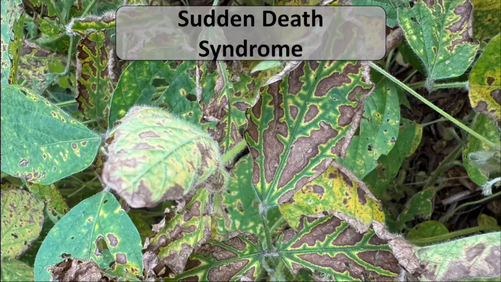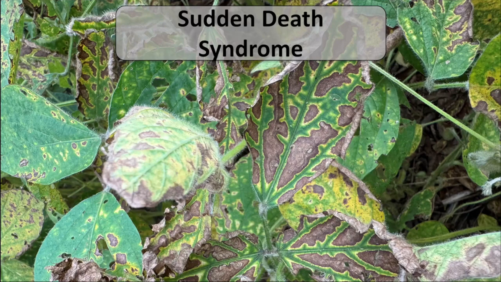But this is called sudden death syndrome, and it is caused by a fungal organism in the soil called Fusarium virguliforme. I mentioned earlier that there are other seedling diseases called fusariums as well, but Fusarium virguliforme is very distinct. It is not often considered in the same grouping as the seedling diseases, so we consider it a completely different disease here.